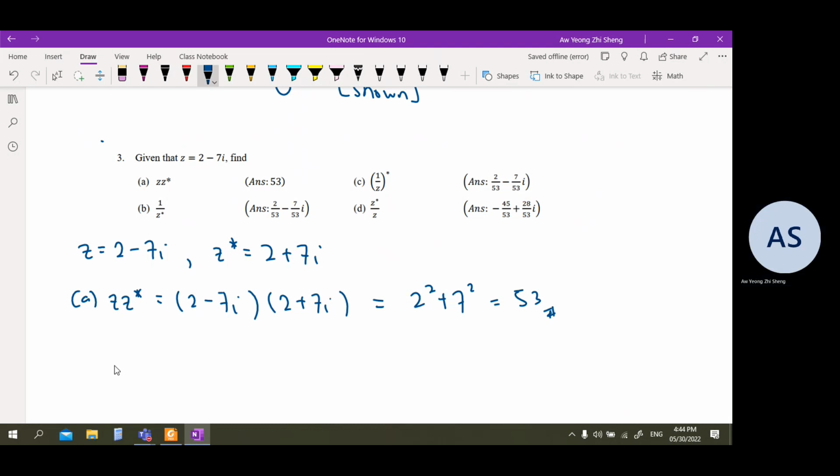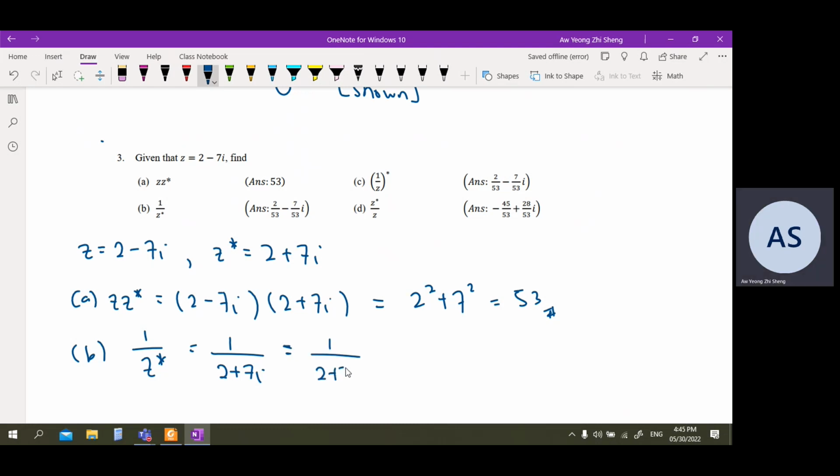Part B, 1 over z star. That is 1 over 2 plus 7i. We'll have to introduce the conjugate of 2 plus 7i, that is 2 minus 7i, to be put at the bottom, to get rid of i from the bottom, and of course I need the same number above.